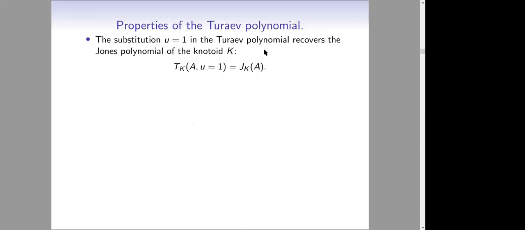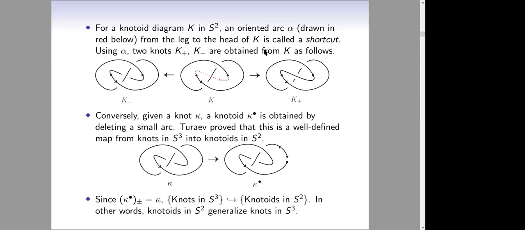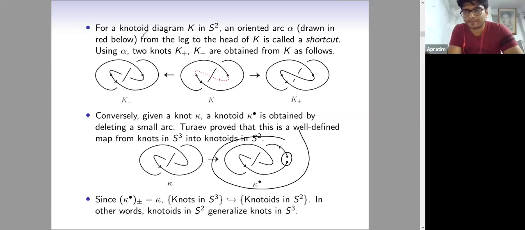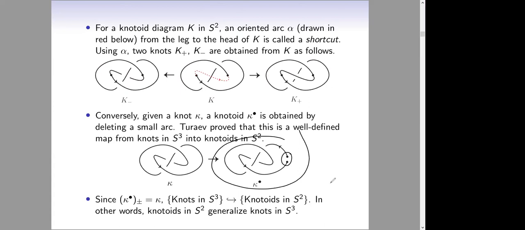When I say knot, by the way, if you have a knotoid diagram like this where the two endpoints are on the same region of the sphere, then we refer to this as a knot, because we know that knots just inject into these knotoids. So knotoids that have two endpoints in the same region are knots.